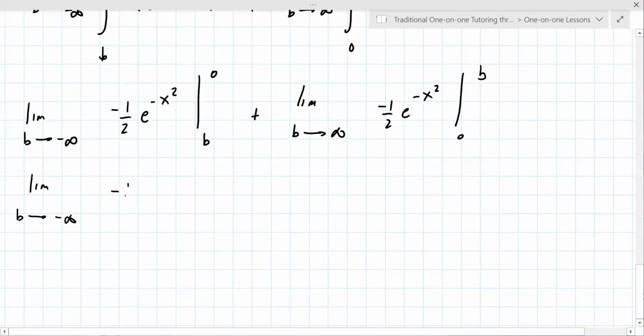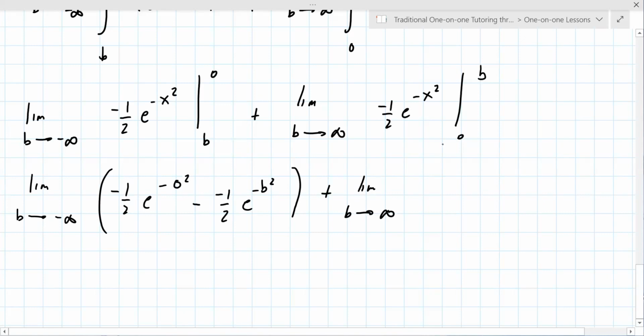So minus 1/2 e to the minus 0 squared minus 1/2 e to the minus b squared, plus the limit as b goes to infinity minus 1/2 e to the minus b squared minus 1/2 e to the minus 0 squared.